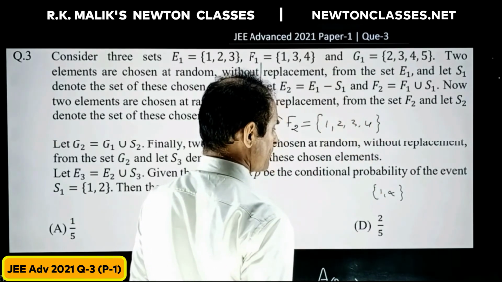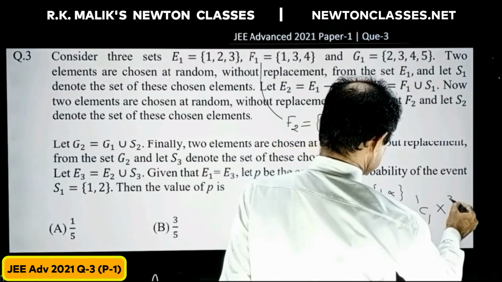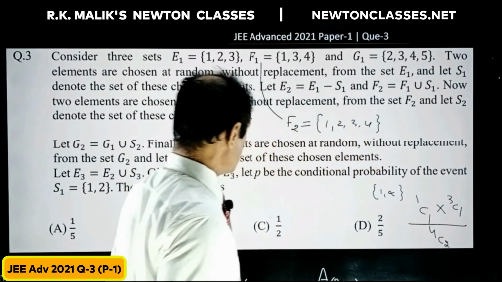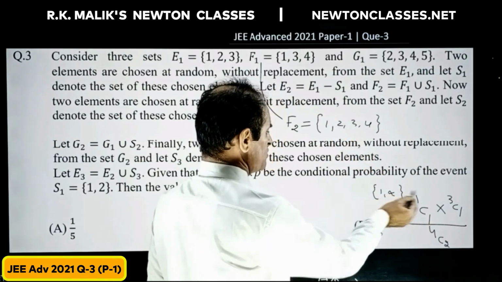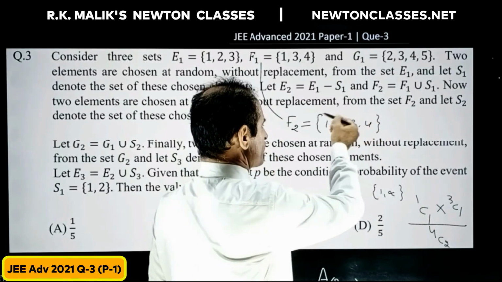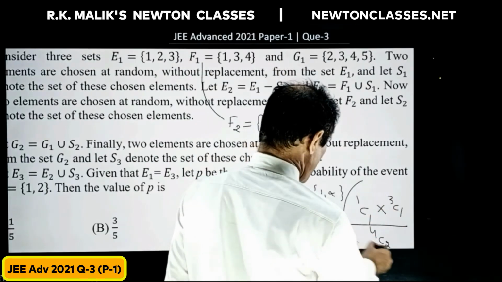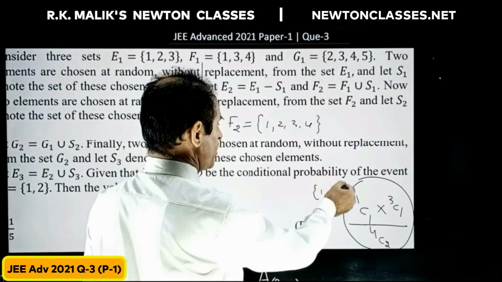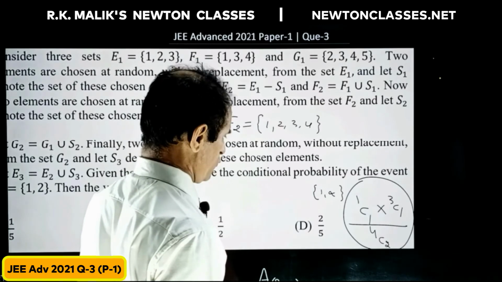For this to happen, the probability will be 1C1 into 3C1 upon 4C2, because 1C1 means 1 will come, 3C1 means out of these three anyone will come, total number of cases means any two out of these four. This is the probability that from F2 the chosen pair will be of the form 1, alpha, where alpha is 2 or 3 or 4.